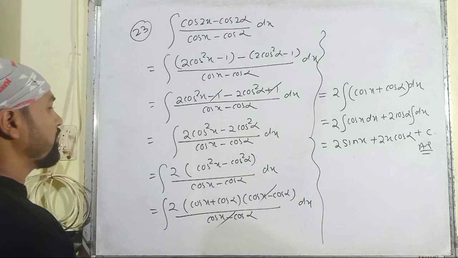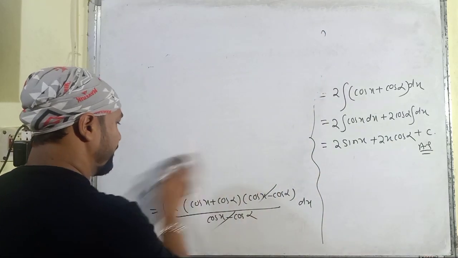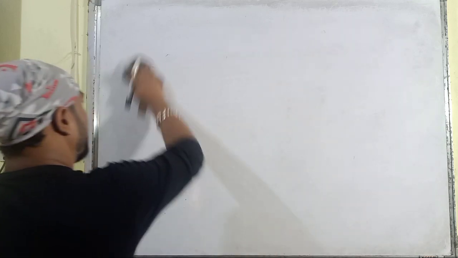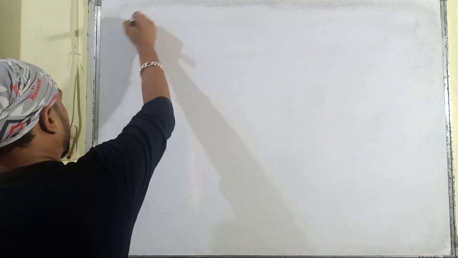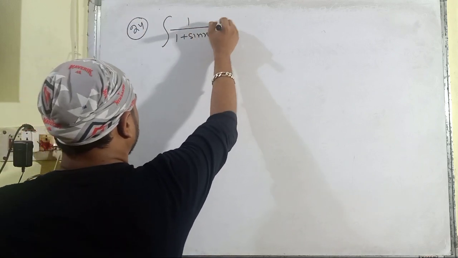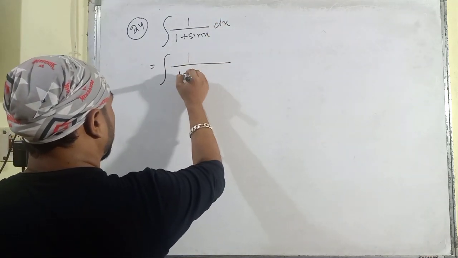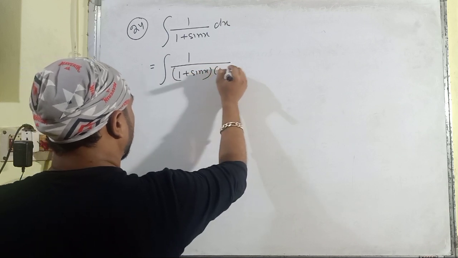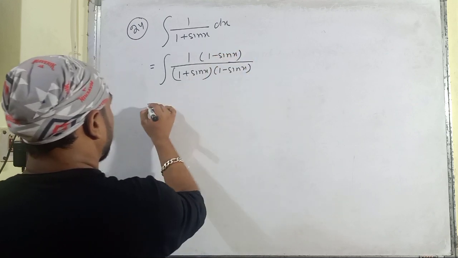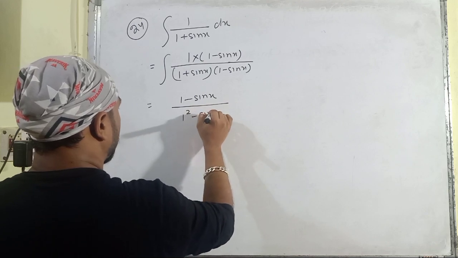Then moving on to problem number 24. Here it is the integral of 1 upon (1 plus sin x) dx. We have to multiply (1 minus sin x) to both numerator as well as denominator. Then it will be (1 minus sin x) divided by (1 square minus sin square x).